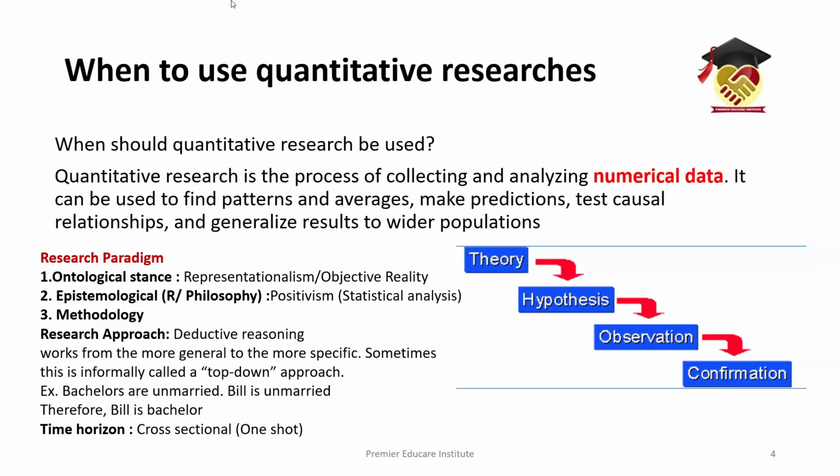Okay, ontological stance means, in simple words, how the realities exist in the world and what constitutes it. So that is what is called ontological. Epistemological stance is how you are going to observe so-called reality.